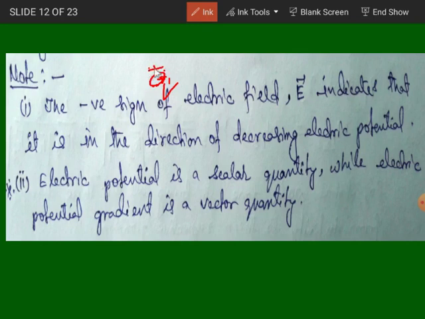Got it? Plus charge is residing here. And suppose if you want to find out electric field E, then electric field E is in this direction, right? Being positive here, your electric field E.